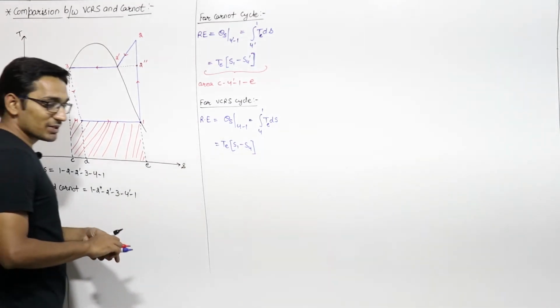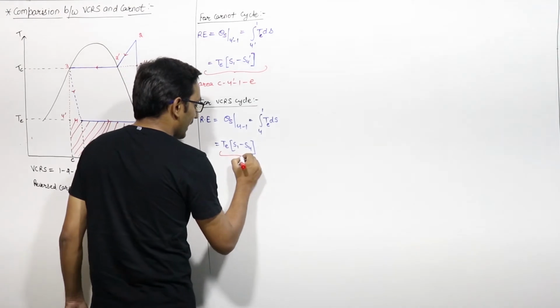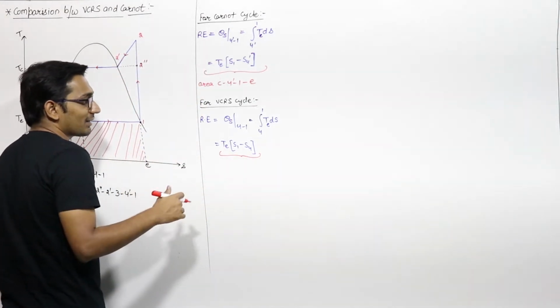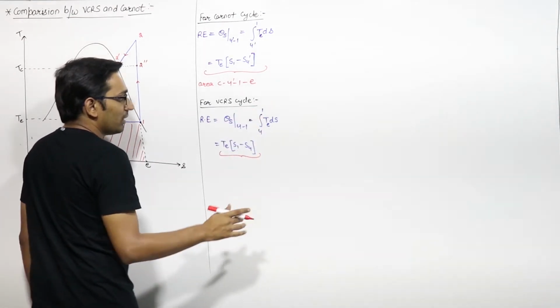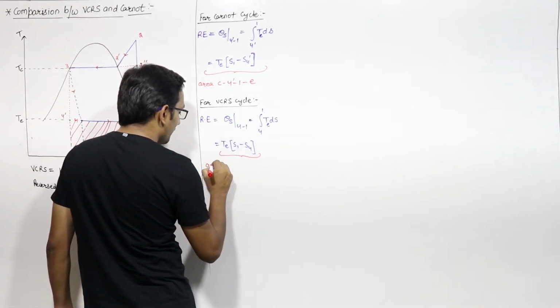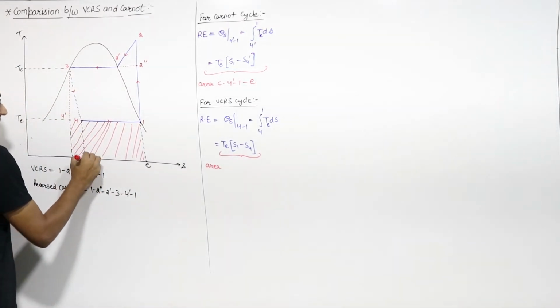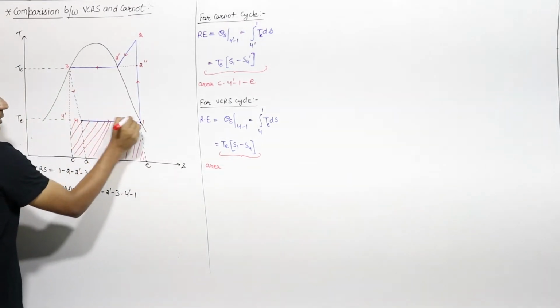So what is this? This is the area under the TdS, or area under the T-S diagram when projected on the entropy axis. Which area? The refrigeration effect of VCRS is this area, D41E.